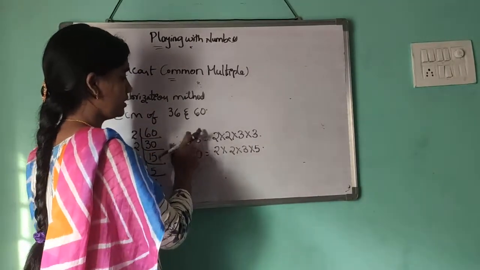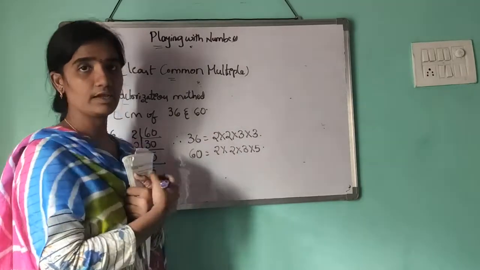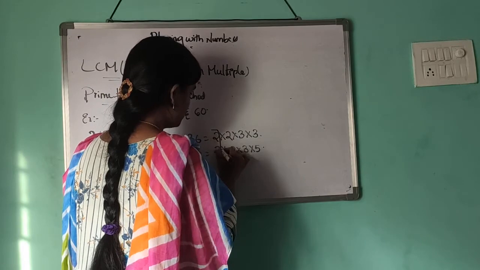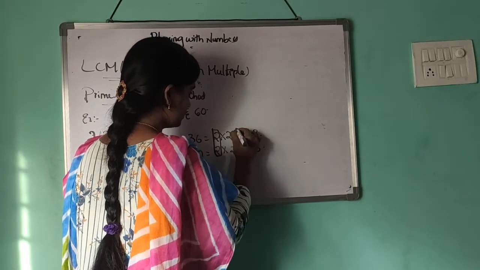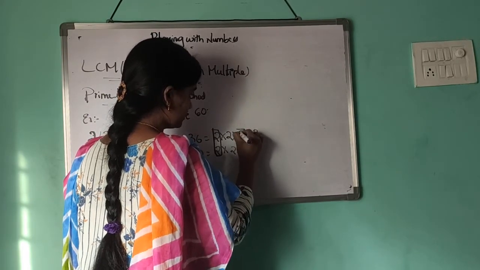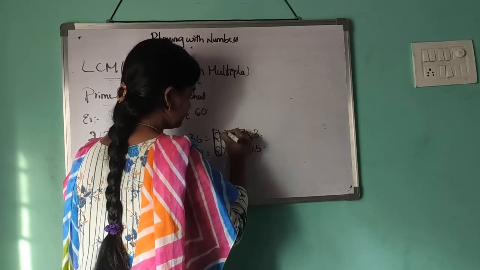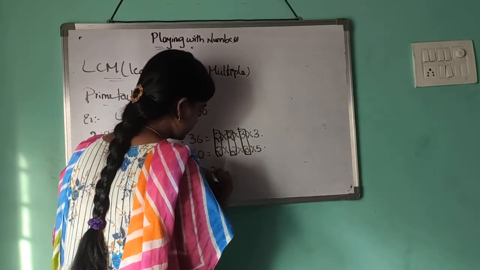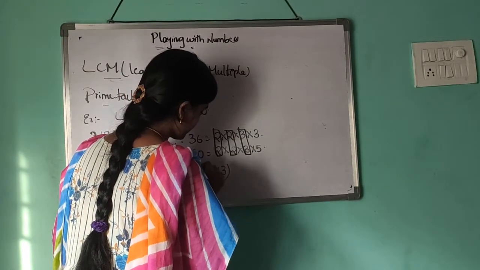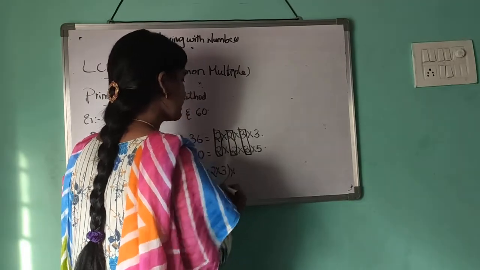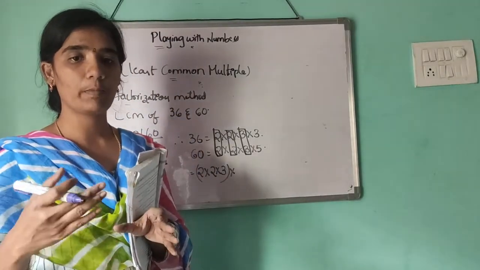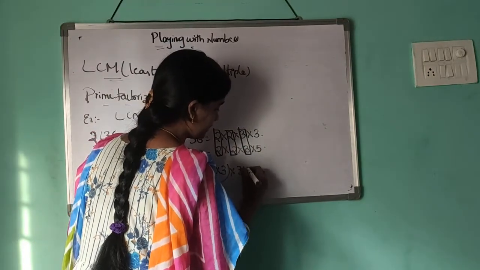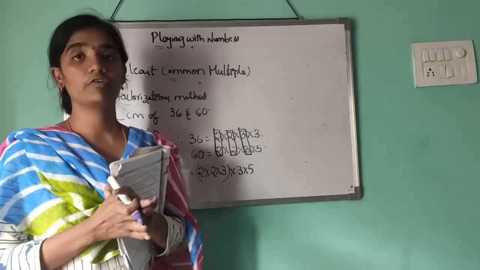Among these factors, which are the common numbers? 2 2 is common. 3 is common. So here you can take 2 into 2 into 3, and then multiply the leftover numbers.